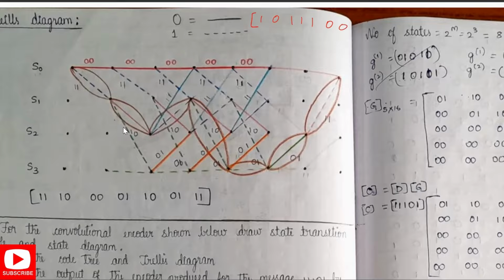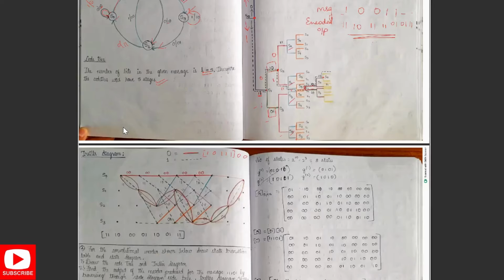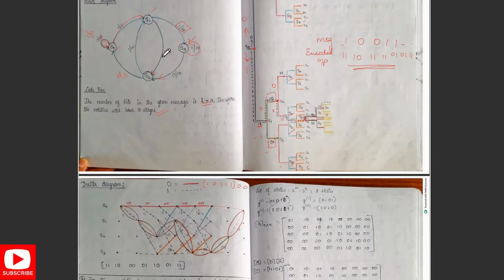This is the one given in the question. In the Trellis diagram, a straight line without dots is considered as 0, and a dotted line is 1. For this Trellis diagram, we need to have the state diagram to write it again.